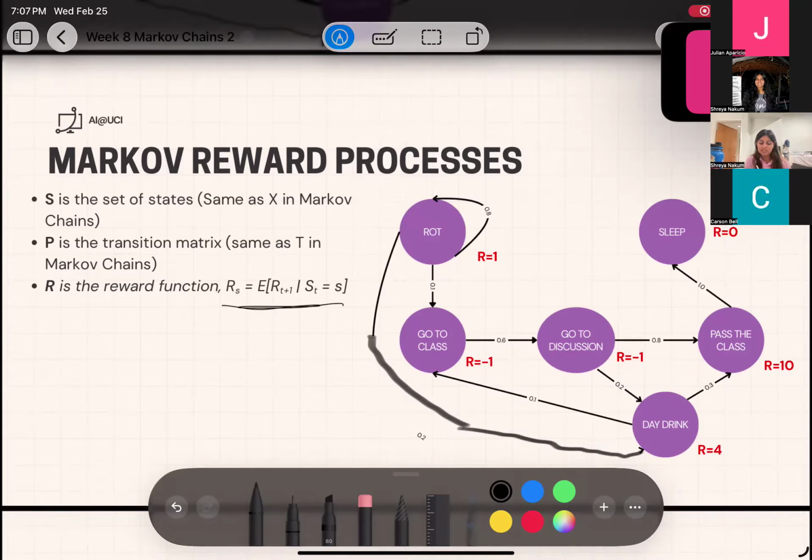So the reward is the average reward given that you're at the rotting state. What is the average reward that I get if I'm rotting? What is the average reward I get if I'm going to class? Average reward I get if I am going to discussion. That is a new thing that we're going to add to Markov reward processes: now there are tangible things added to the decisions that you make. Does this concept make sense?